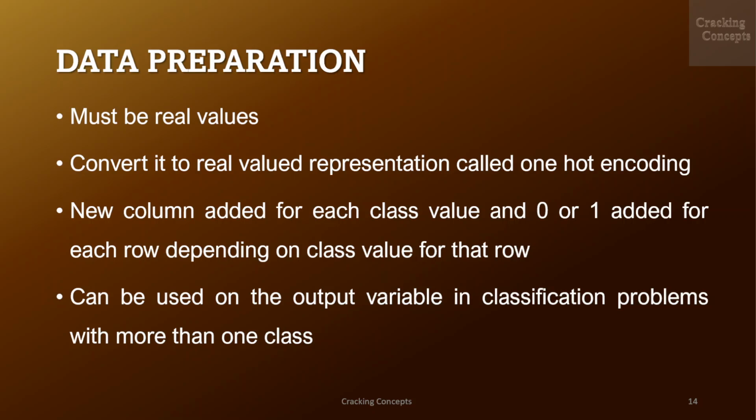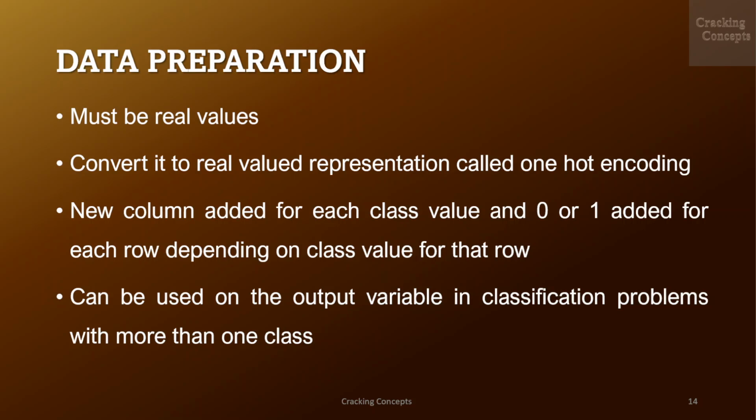Once a neural network is configured, it needs to be trained with the data set. Now before training, the data needs to be prepared. Data must be numerical, for example, real values. If we have categorical data, such as a sex attribute with the values male and female, we can convert it to a real valued representation called a one-hot encoding.